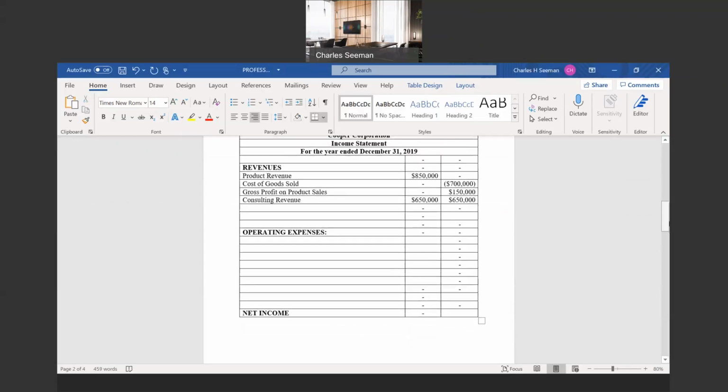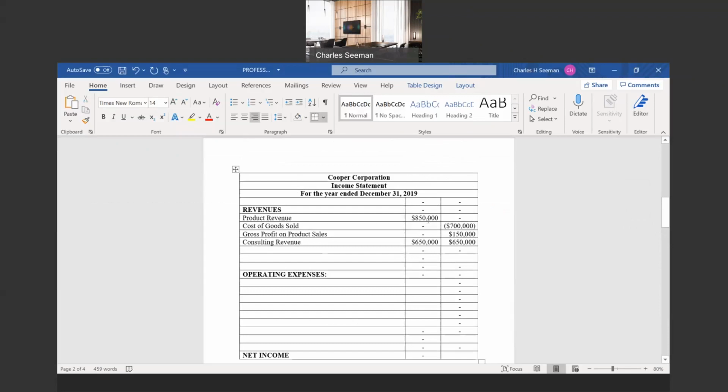Now, the reason I did this was because now the user can tell how much revenue we had. They can also see the gross profit on product sales. And then the last line is revenues from product sales and consulting services.